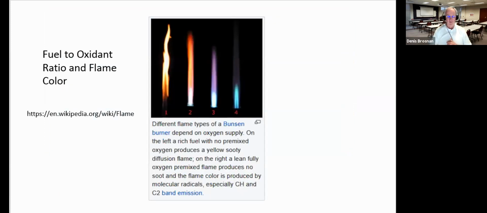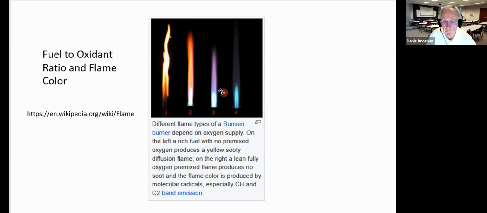I took this picture from Wikipedia to educate you about flame color and combustion. So these are natural gas flames, and you can see at stoichiometric combustion, meaning the exact amount of air for an amount of natural gas to get complete combustion, we can get a blue flame.